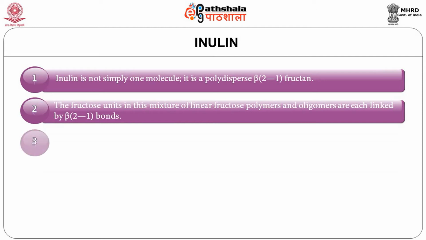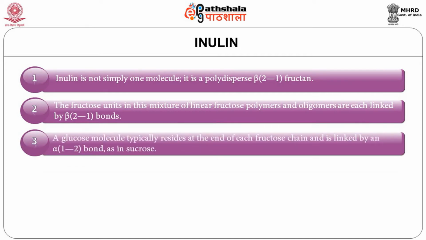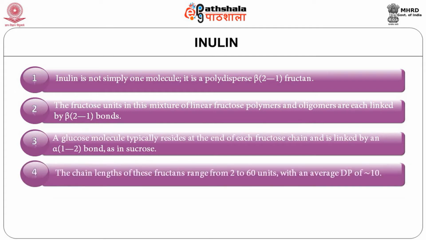A glucose molecule typically resides at the end of each fructose chain and is linked by an alpha-1,2 bond as in sucrose. The chain length of these fructans ranges from 2 to 60 units with an average degree of polymerization (DP) of around 10.